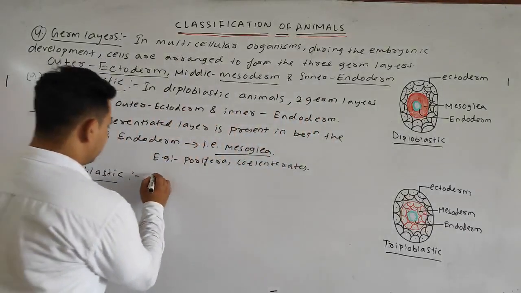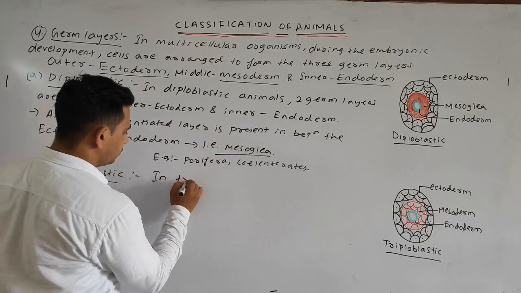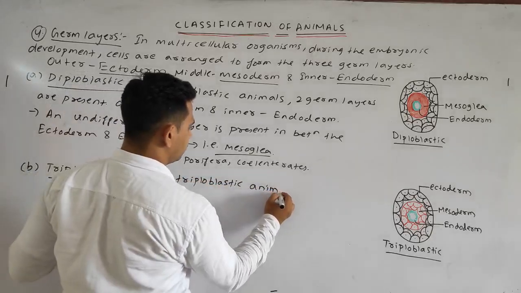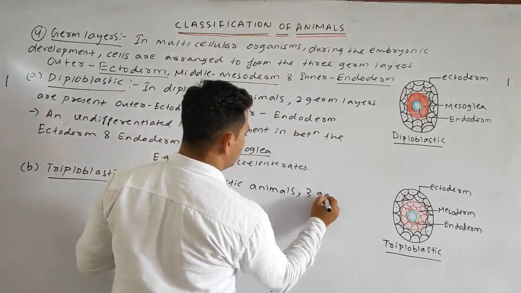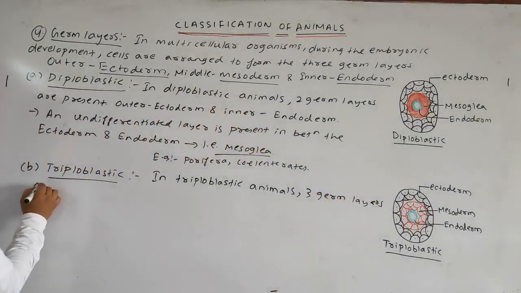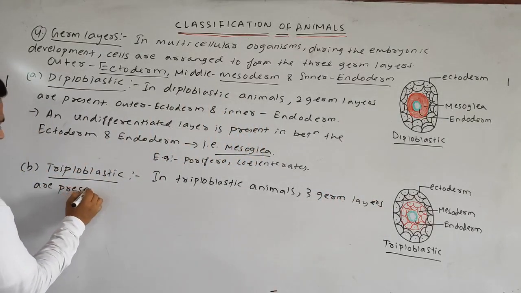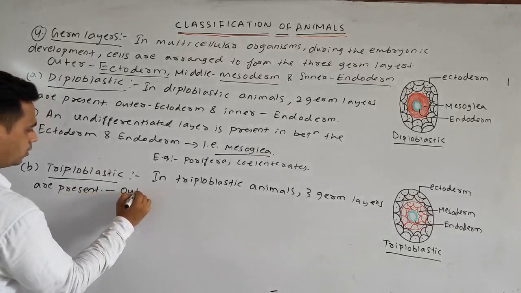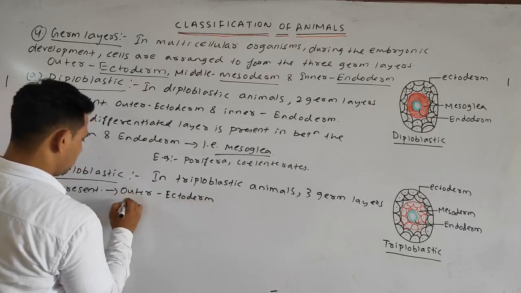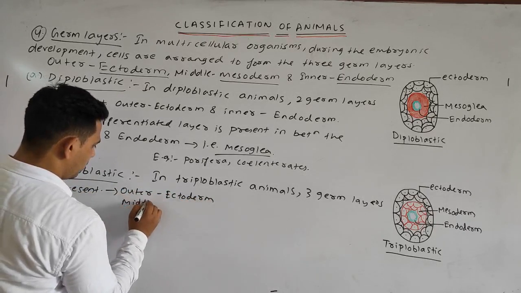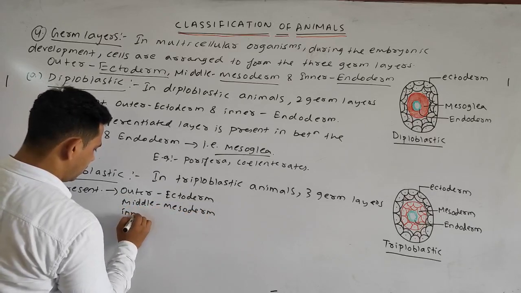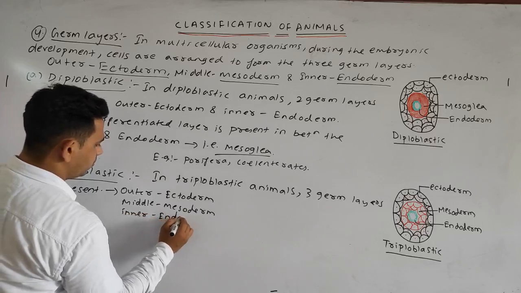So we can say here, in triploblastic animals, 3 germ layers are present. Outer ectoderm, middle mesoderm, and inner endoderm.